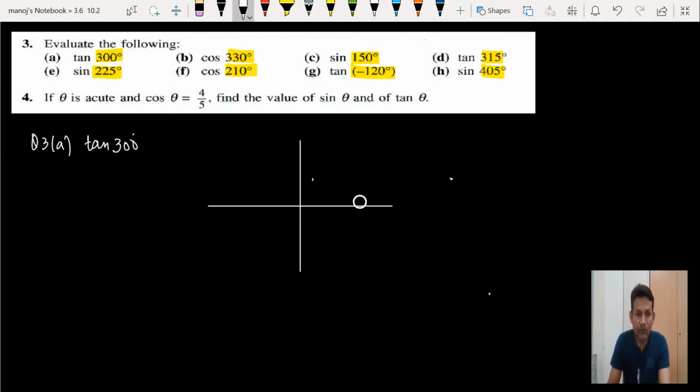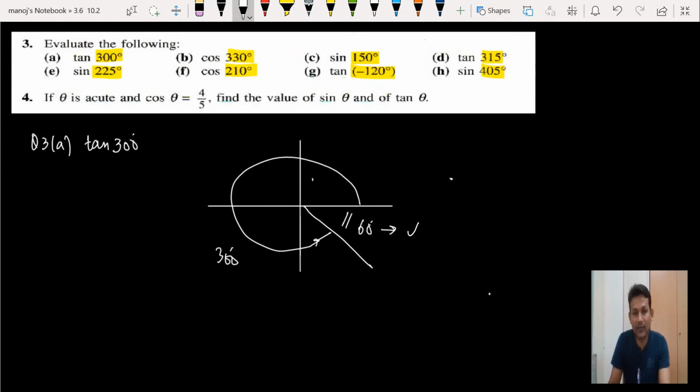When we move 300 degrees, this is a general angle, clockwise. I have to move anti-clockwise. It will come here, so if this angle is 300 degrees, this will be 60 degrees. So this is the basic angle alpha. In this question, first of all we should know what alpha is.